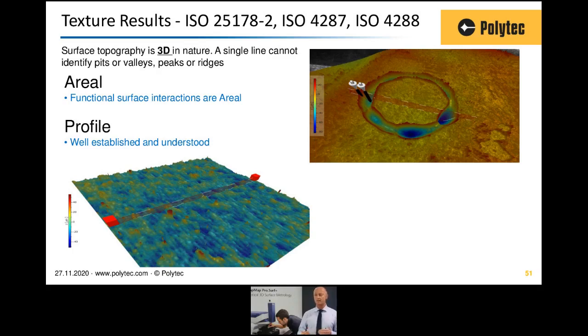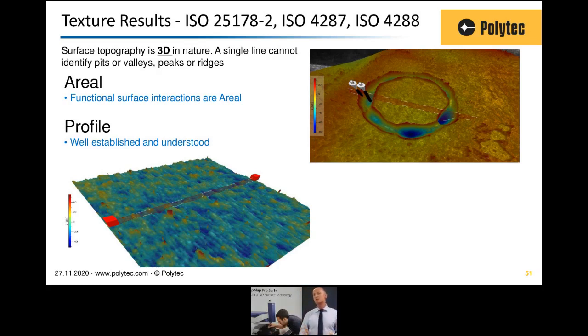Surface topography, if we consider surface interaction and function, cannot fully be characterized by a single line or a profile. Areal measurements allow us to see a greater distribution of the surface and its function in both X and Y. We accept that profile technology, especially stylus, is very well understood and established.